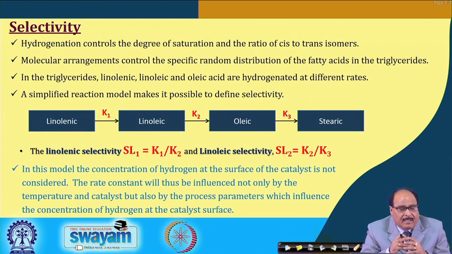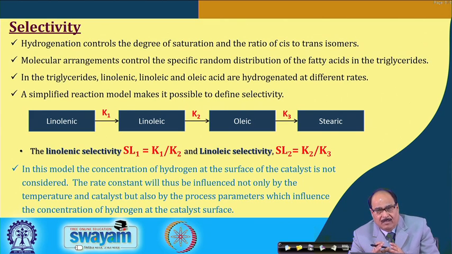Now, let us see what the selectivity is. In fact, this selectivity is a very important aspect in the hydrogenation of fat. By having appropriate selectivity, by properly choosing the process parameters etc., we can get the hydrogenated fat or saturated fat of desired consistency.